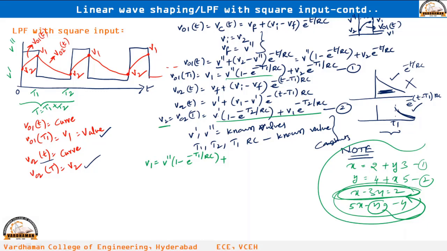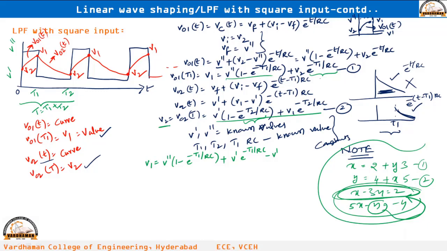See carefully. V dash into 1 is multiplied with e power minus T1 by RC, so V dash into e power minus T1 by RC. Next, minus V dash into, from equation 2, e power minus T2 by RC, and from equation 1, e power minus T1 by RC.